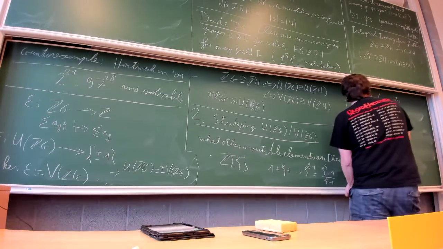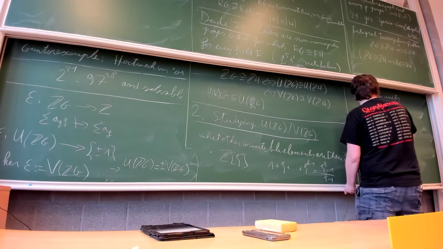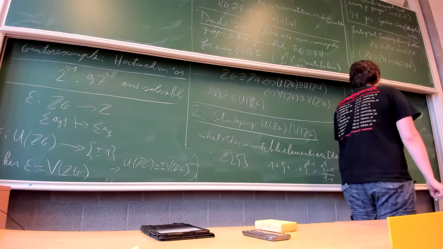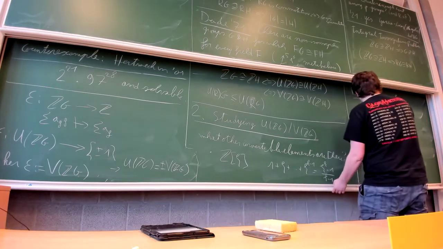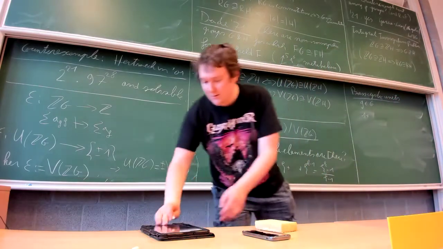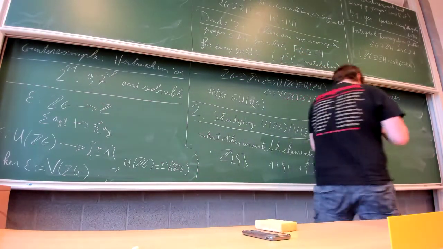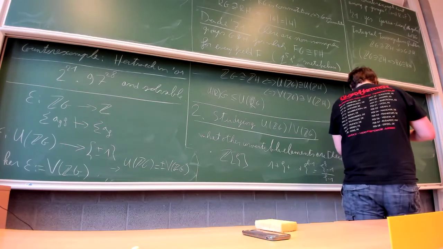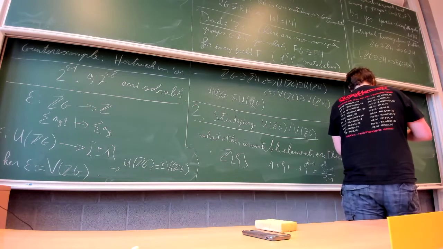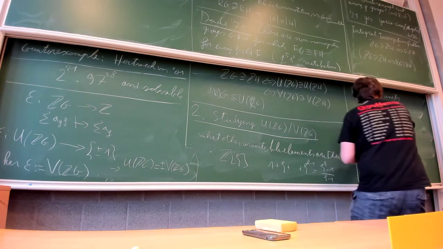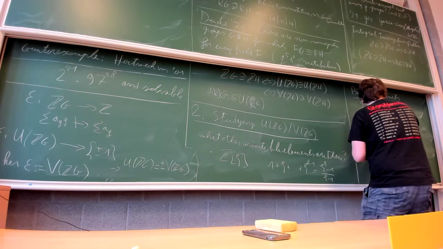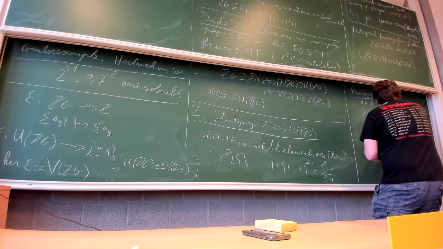And they're of the following form. Take an element g of your finite group G. Well, then you can make 1 plus g plus, whoops, plus g to the k minus 1.